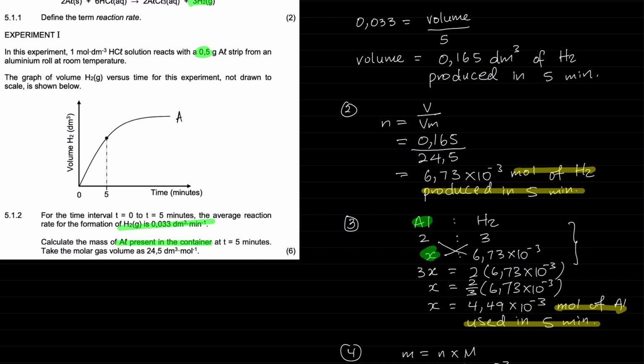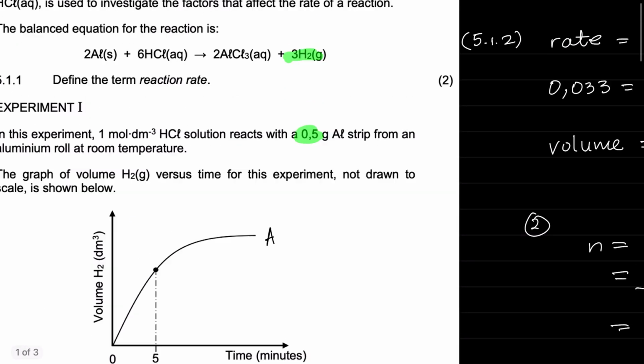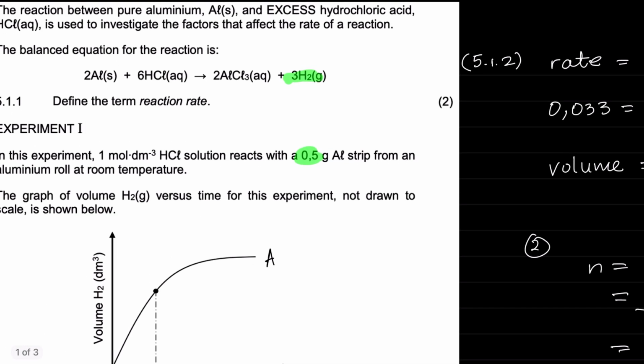And the reason why is because, remember, at the beginning they tell us that the HCl is in excess. And so remember that the amount of product formed isn't dependent on the excess reagent. Rather, it is dependent on the limiting reagent.